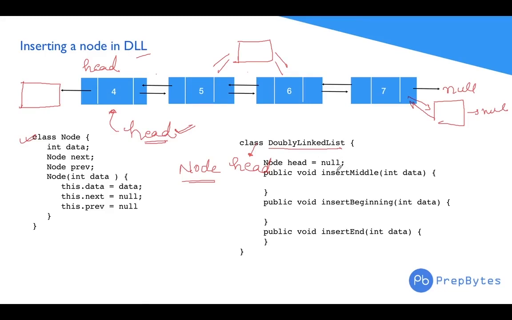If your list is empty, head will have value as null. Okay, and in this we will have different methods. Let's say insert middle, insert beginning, or insert end. So now let's see one by one how to insert a node at the end, at the middle, or better to say in between two nodes. Not exactly the middle, we are talking about any two nodes. Okay, and insert at beginning.